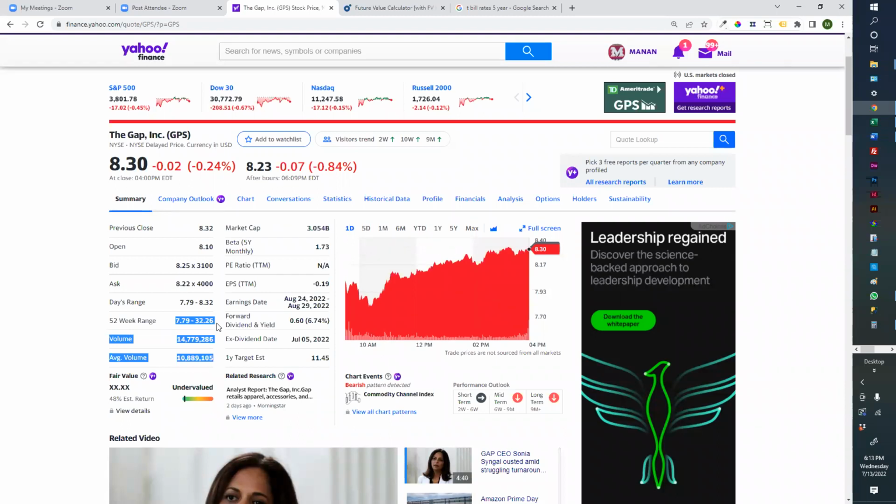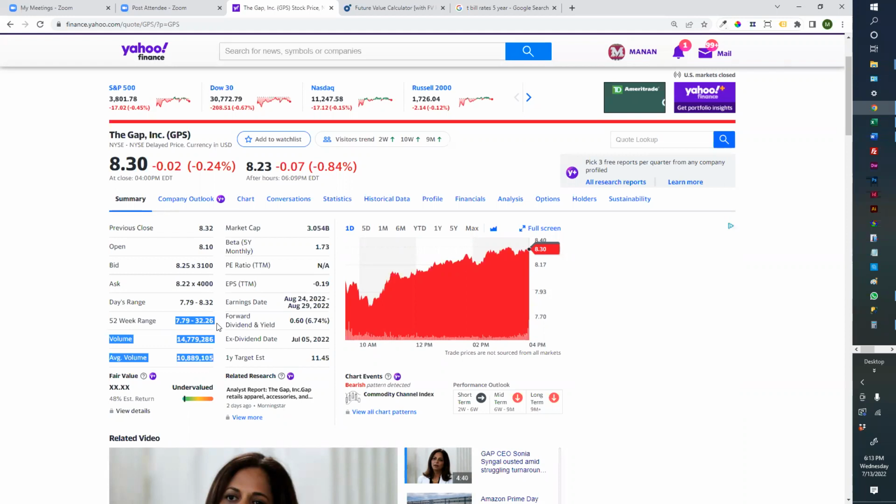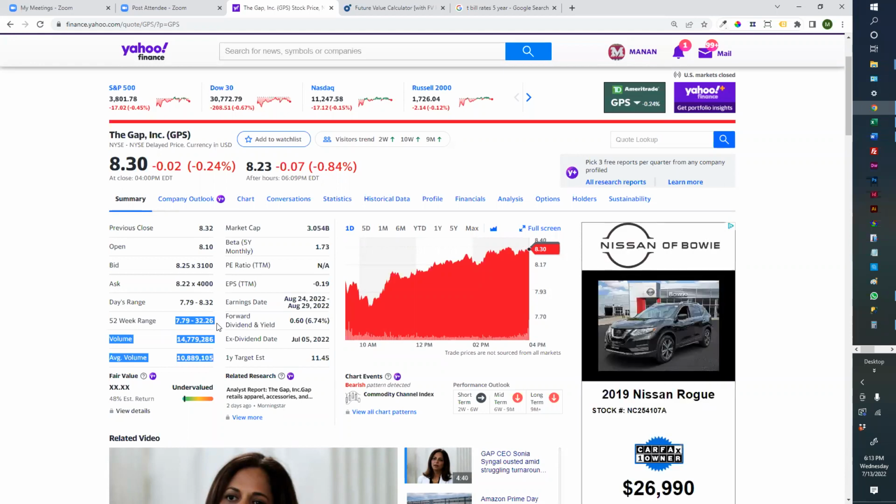Gap is going to have a problem. Once the interest rate goes high, it's getting tough for Gap. Somebody has to buy out Gap, and you can just avoid that.